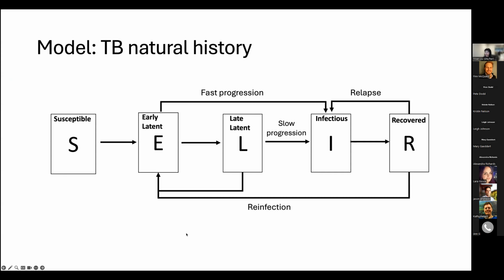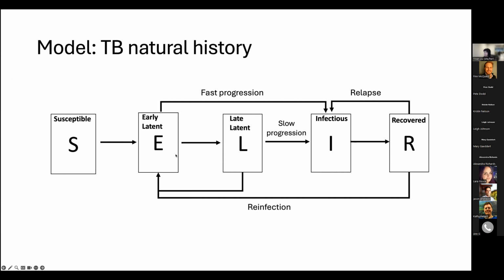So we used a deterministic compartmental transmission model, a meta-population model, actually. And I'll start by explaining the TB dimension of the model. We essentially used a very simple representation of TB natural history, wherein upon contact with infectious individuals, susceptible individuals develop early latent infection, and they can then progress rapidly to active infectious TB disease.